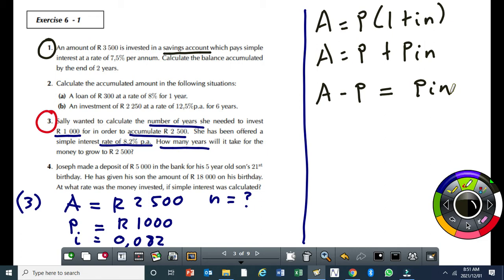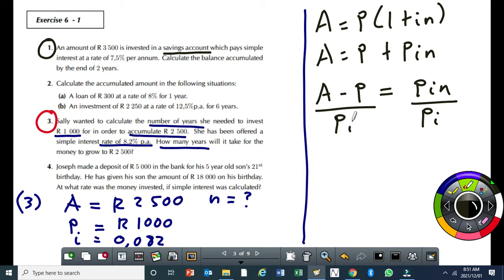Then, for us to be left with n on the right, we divide both sides by P times i. So this P and that P cancel, i and i cancel. So your n is going to be (A minus P) over P i.